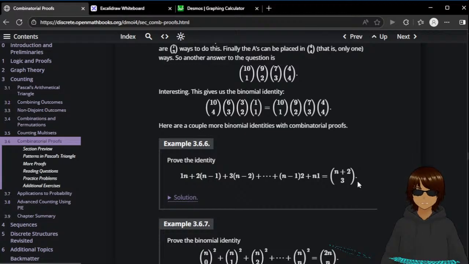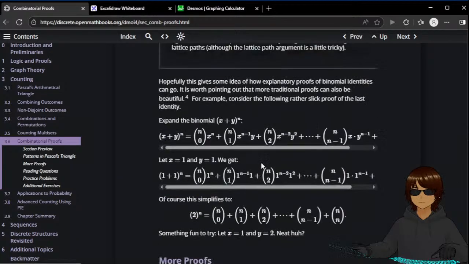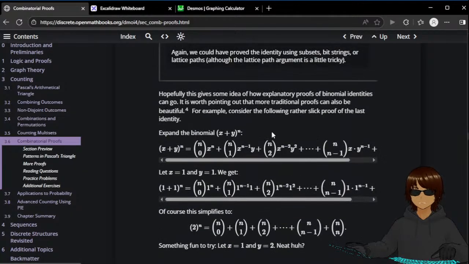Okay, let me think. You're doing 1, 2, 3. We use the binomial coefficient.